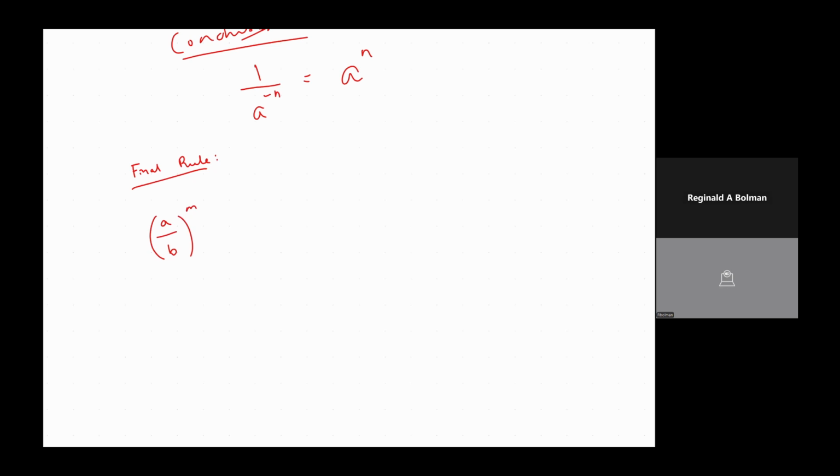So if you have a divided by b raised to an n power, what's going to happen here? Because a lot of the problems in section 5.4 are going to exploit this particular result.